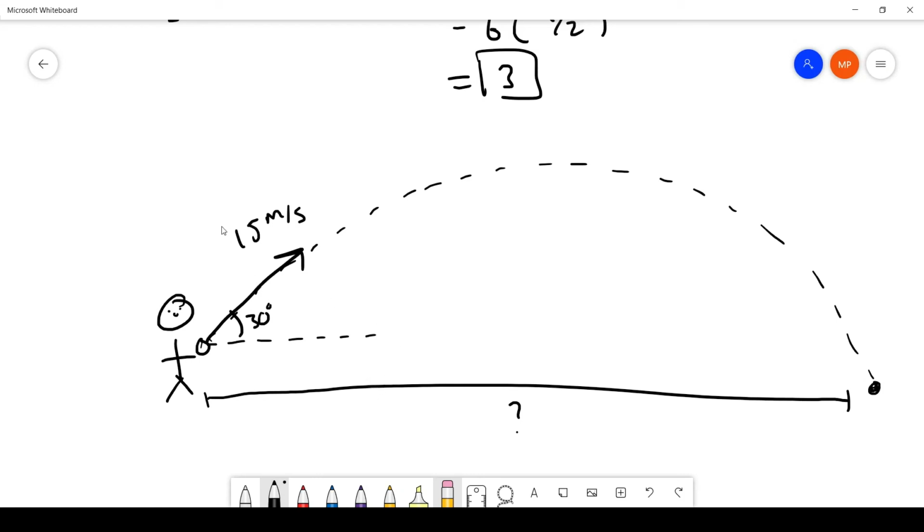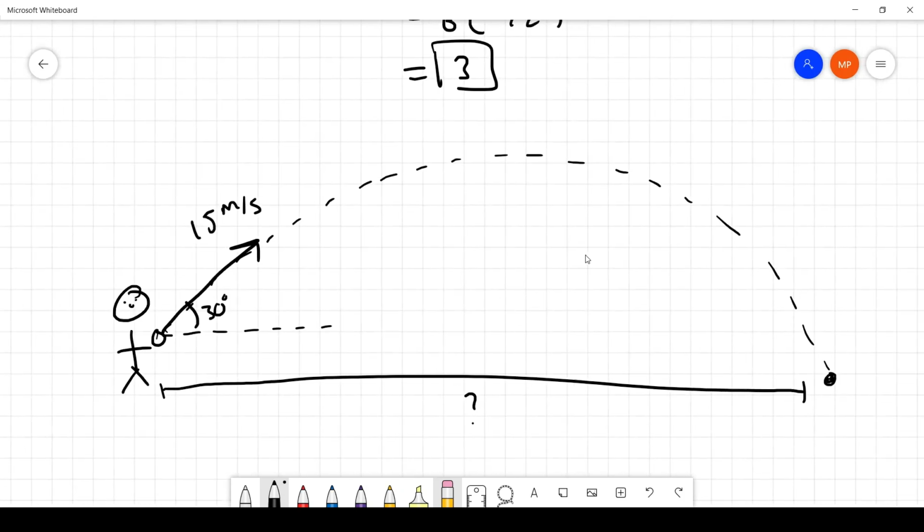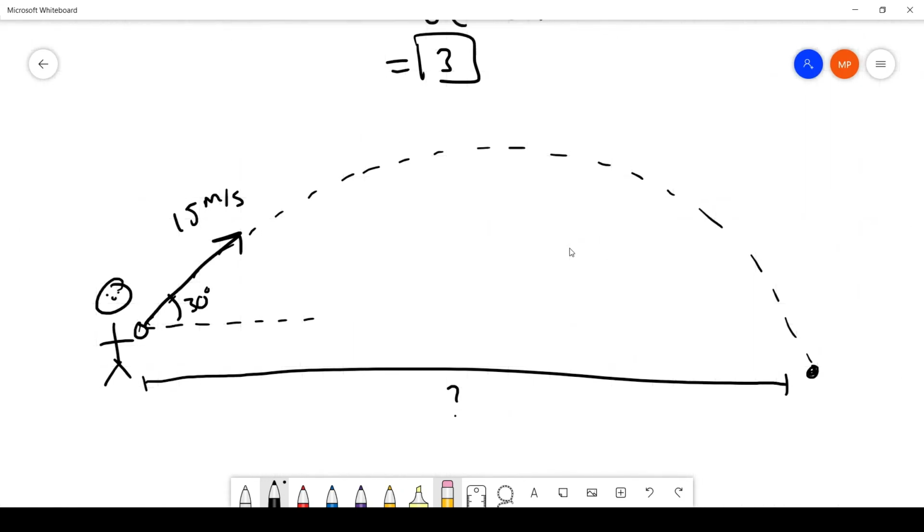And so we can see that this 15 meters per second, in terms of a physics application, we call this a vector, but you don't have to know what this is. The important part is that we can just treat this vector as any old line.